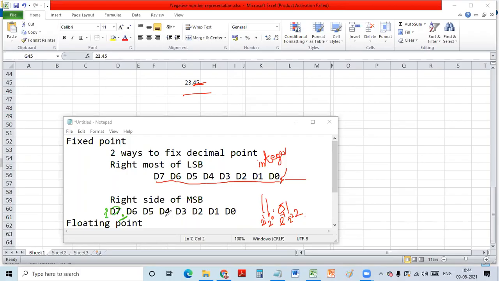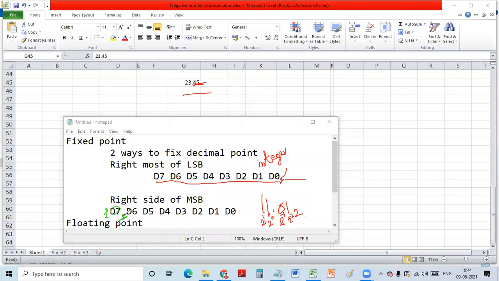Next we talk about floating point representation, which will come after a few more classes, where my decimal point is floating. Floating means moving, so it is not fixed at one particular place. My decimal point moves based on the value of the exponent, and we will have three technical terms: sign, mantissa, and exponent.